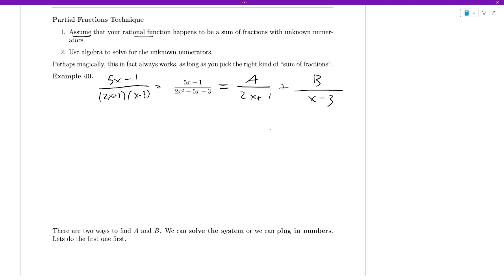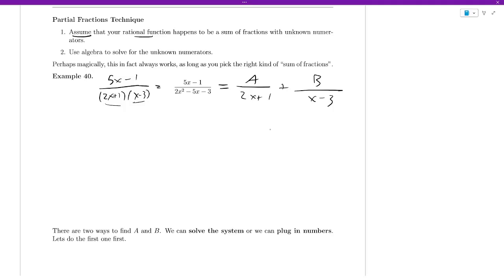What if I could just take my rational function and factor the bottom into two factors? Let's just assume that I could write this as something divided by the first factor plus something divided by the second factor. If that was true, then I could do some algebra to solve for what the A and B have to be.